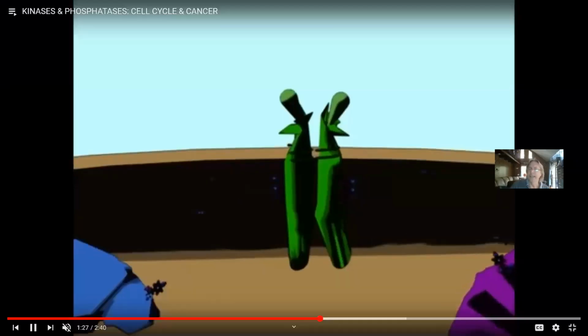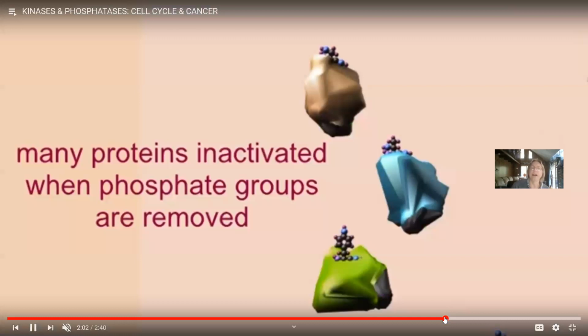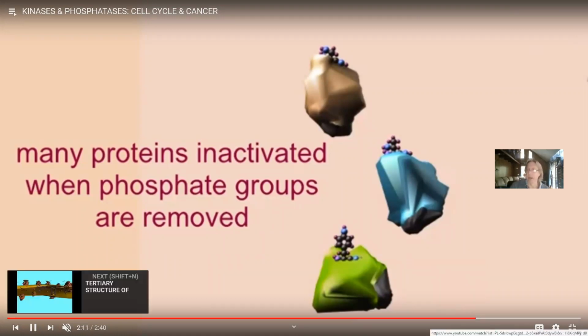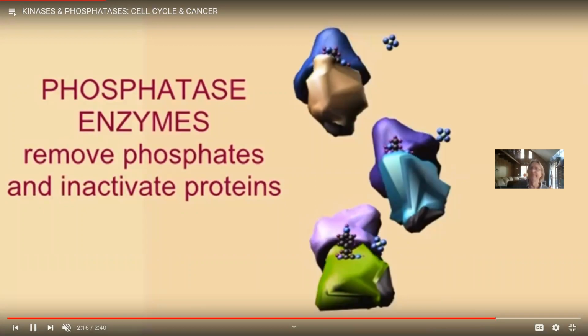And then there are enzymes called phosphatases which remove it. So not only can we add phosphates to turn a protein on, a kinase would do that, but we can remove the phosphate, and that would then turn the protein off, and phosphatase enzymes do that.